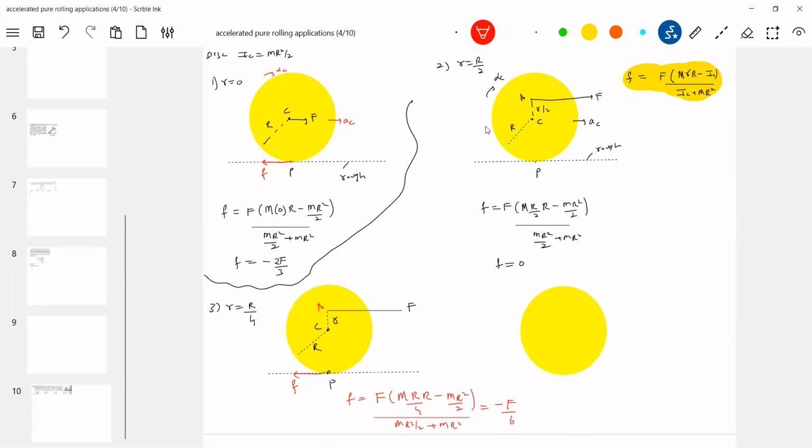Let me take a point, the third case. Small r is equal to, fourth one, small r is equal to, I should make it more than 0.5, no? So I'll write 2R by 3. 2R by 3 is definitely greater than 0.5. Now tell me, how the friction force will act here.